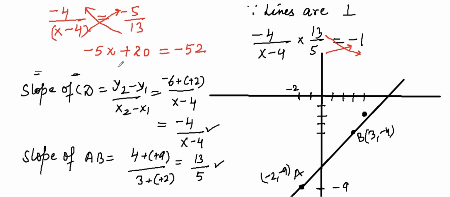Solve it, minus 20 on both sides. So minus 20 on both sides, you get minus 20 minus 52, which is minus 72.